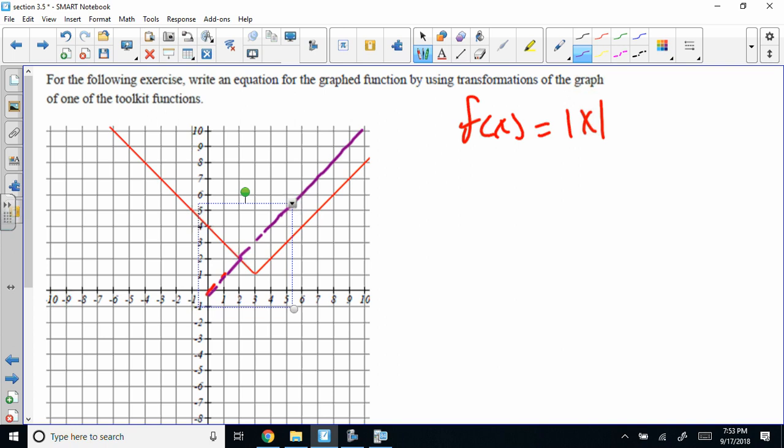And then let me do this. Okay, so the purple represents the parent function, f of x equals absolute value of x. Now, note that it went through 0, 0, right? The origin.